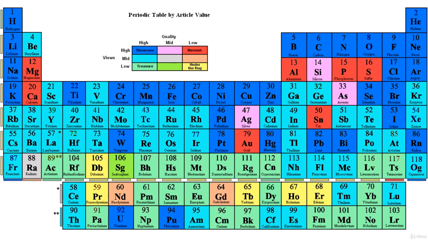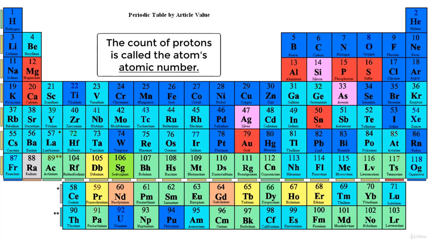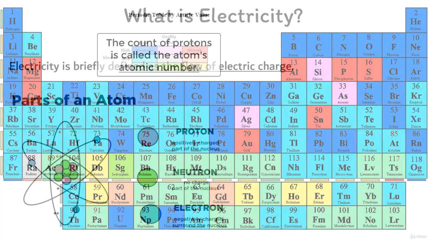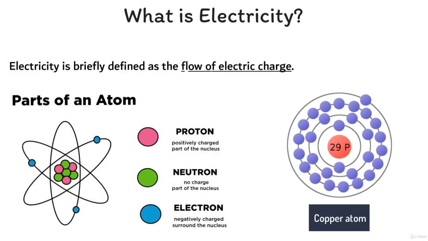The number of protons in an atom is important because it defines what chemical element the atom represents. So for example, an atom with just one proton is hydrogen, an atom with 29 protons is copper, and an atom with 94 protons is plutonium. This count of protons is called the atom's atomic number. As in the Bohr atom model, a nucleus with 29 protons, making it a copper atom, is surrounded by an equal number of electrons.